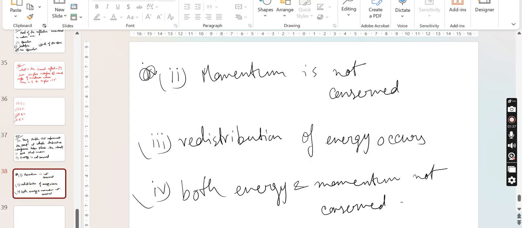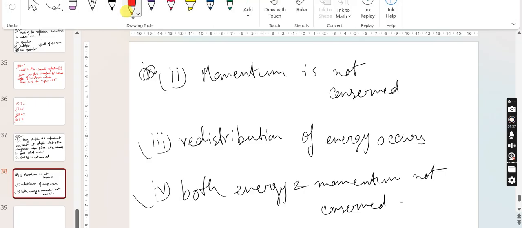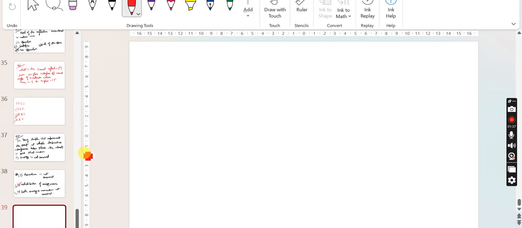So the correct answer is because the energy gets redistributed. All the energy is in the bright spaces. The redistribution of energy occurs. That's the correct answer.